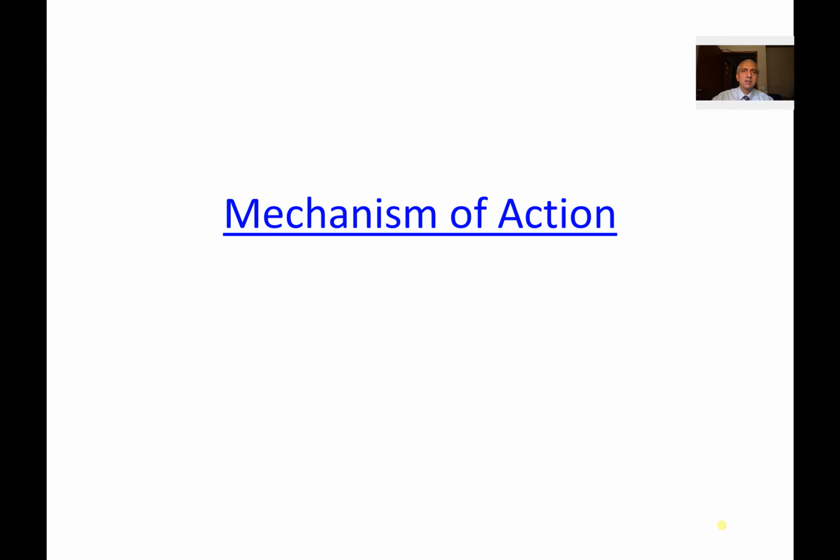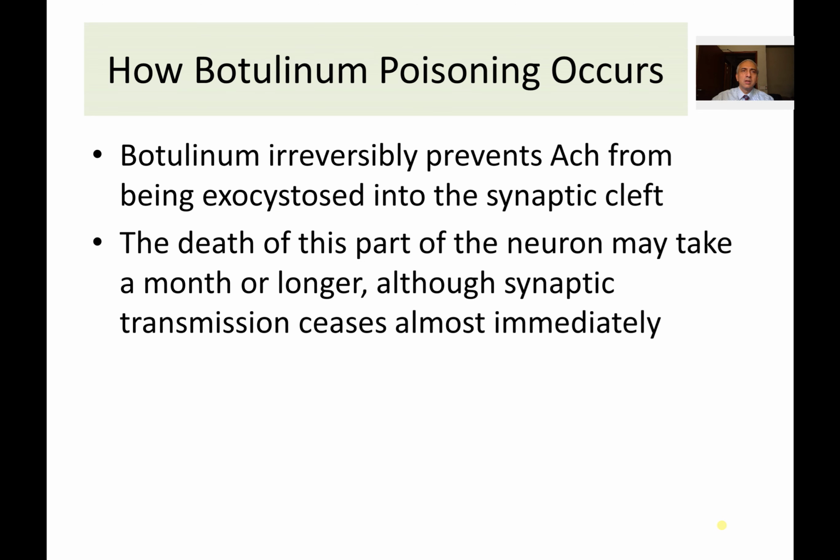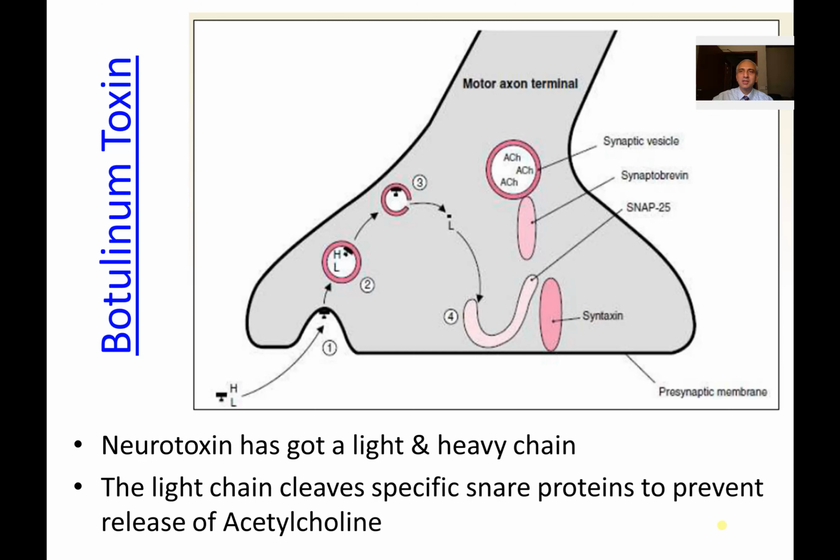What is the mechanism of action? It irreversibly prevents acetylcholine from being exocytosed into the synaptic cleft, and the death of this part of the neuron may take a month or longer, although synaptic transmission ceases almost immediately. So the neurotoxin has got a light and a heavy chain.